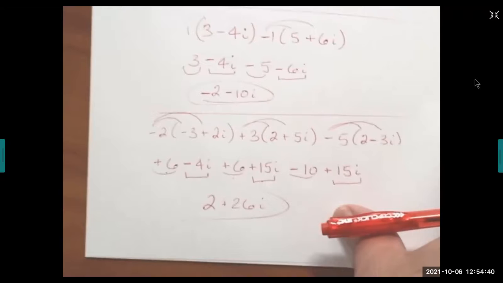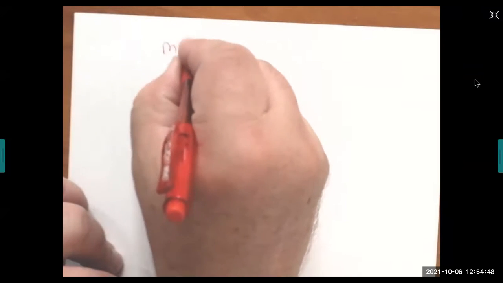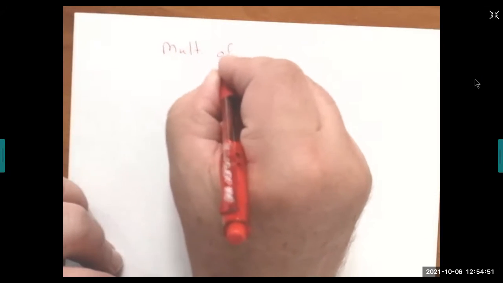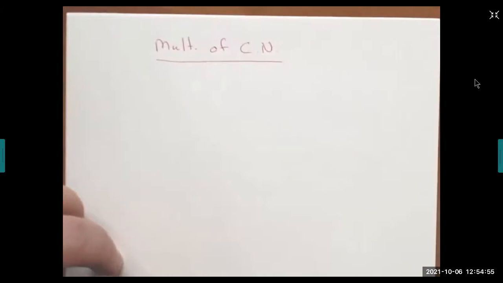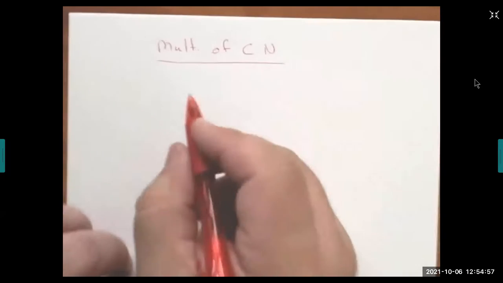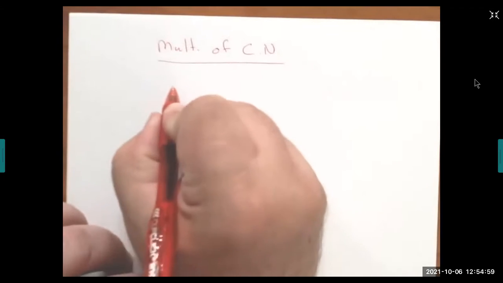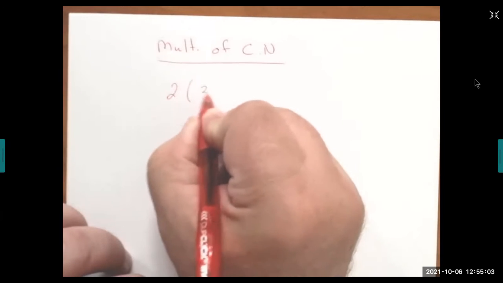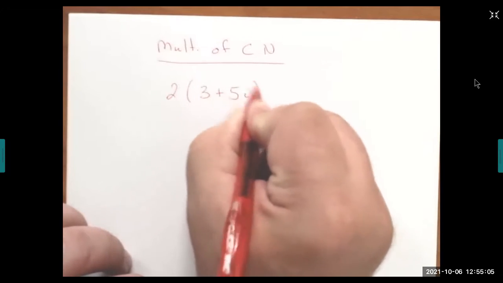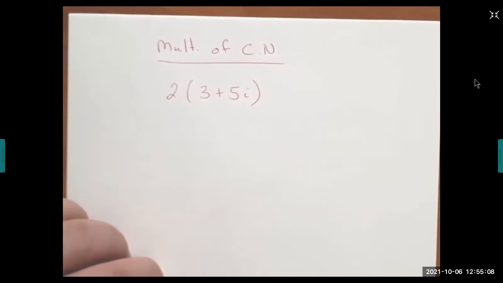Any questions? Let's do multiplication. Multiplication of complex numbers. 2 times (3 plus 5i).